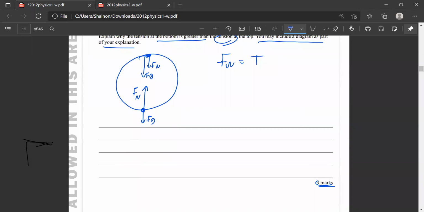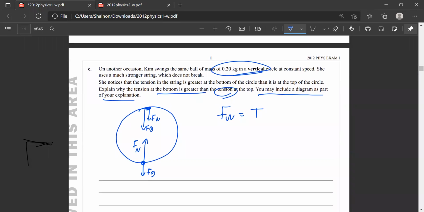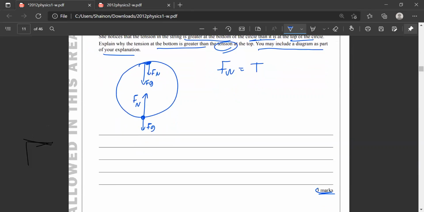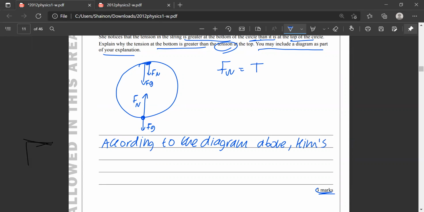So then I just said the tension at the top, according to the diagram. I labeled this A and B so I can reference it.